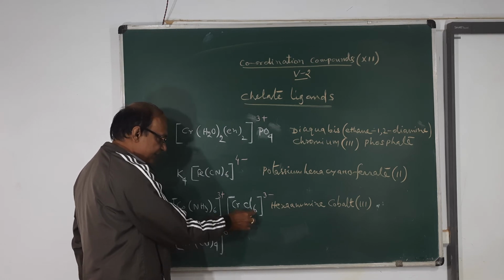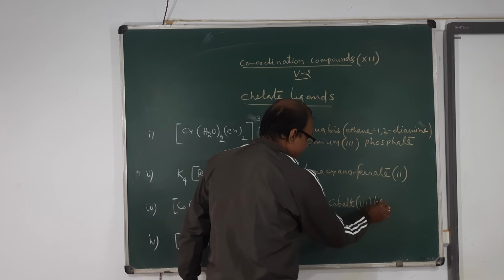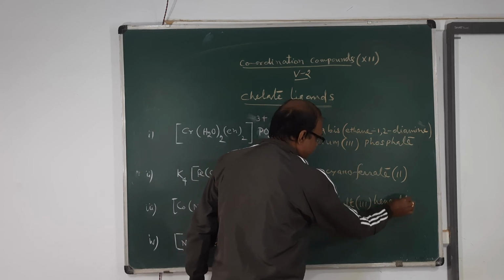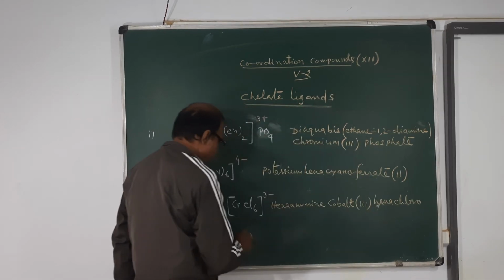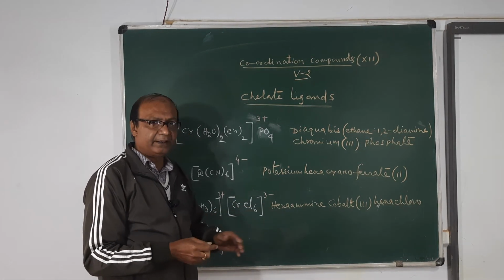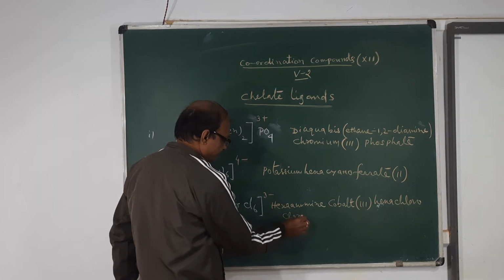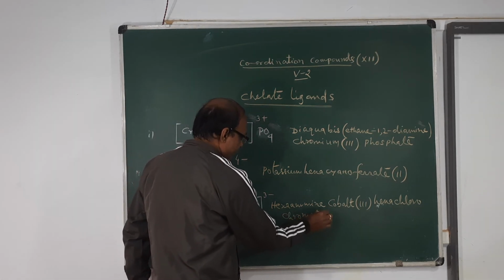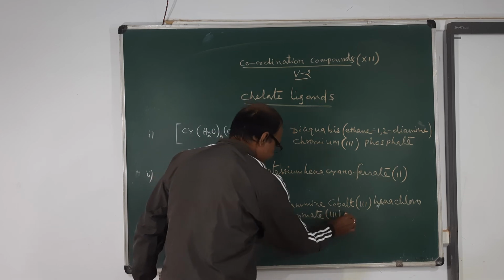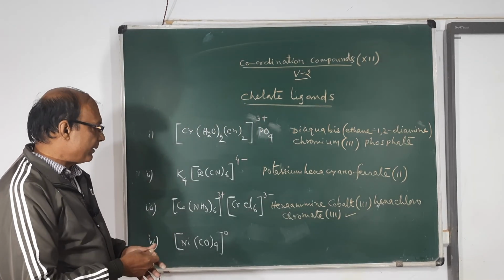Then you write hexachlorido or hexachloro chromate. It is the anionic part, therefore there must be an ate ending, chromate(III). Hexaamminecobalt(III) hexachlorochromate(III).